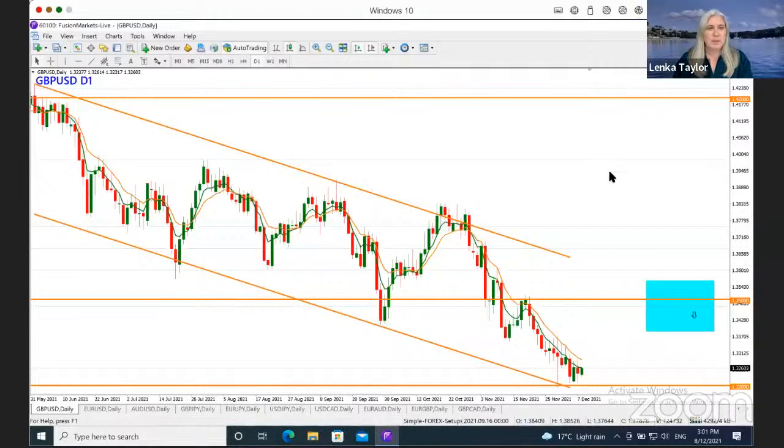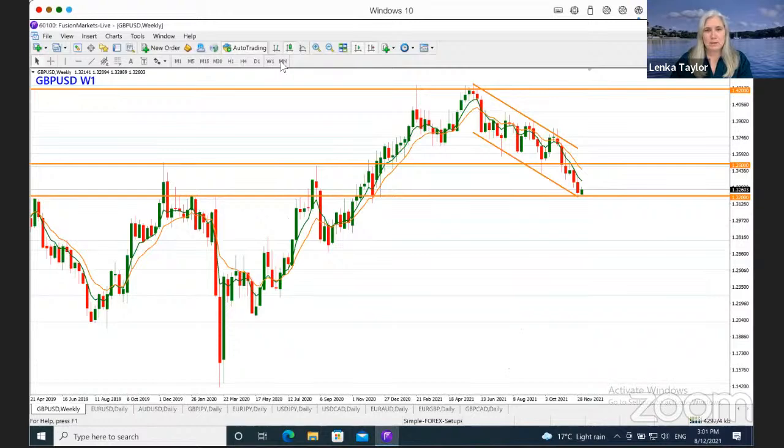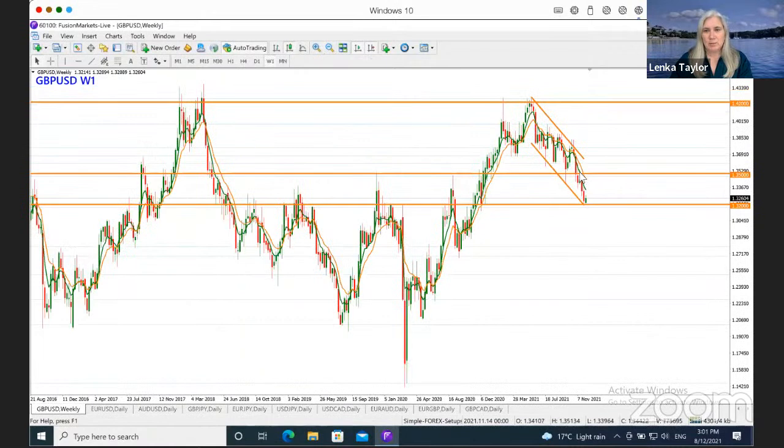So the first currency pair I'm going to look at is GBPUSD. At the moment, I'm still looking for a short if I get a pullback. On the weekly, I'm looking at the price being at the bottom of that 1.32.